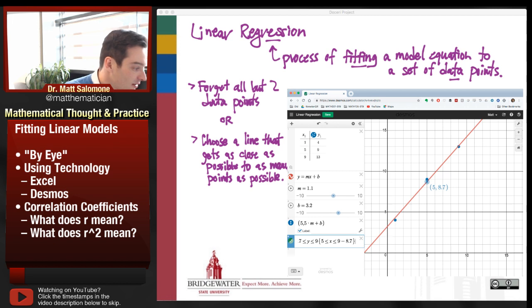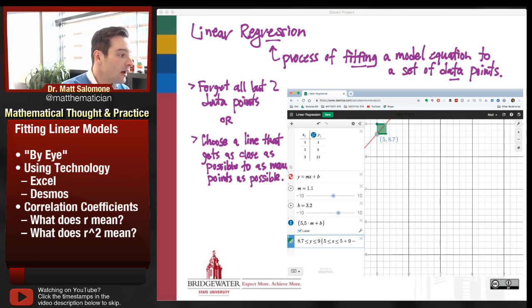Let's see. Does that actually do what I wanted it to here? Not quite. I wanted 5 plus that. There we go. So if we sort of zoom in here, I've just drawn this little teeny tiny square.